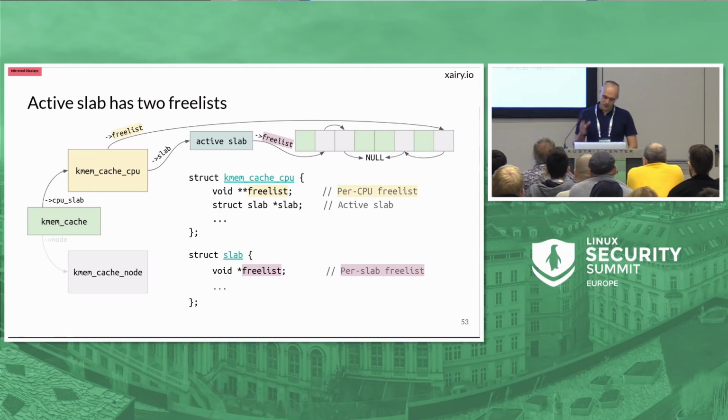One additional unique property about this slab is that it has two different free lists within it. Remember, we already discussed that each struct slab has a pointer to a free list, and it contains free object slots that belong to this slab. But for the per CPU slab, there is actually an additional free list from the kmem_cache_cpu structure, which also points to the object slots within the active slab.